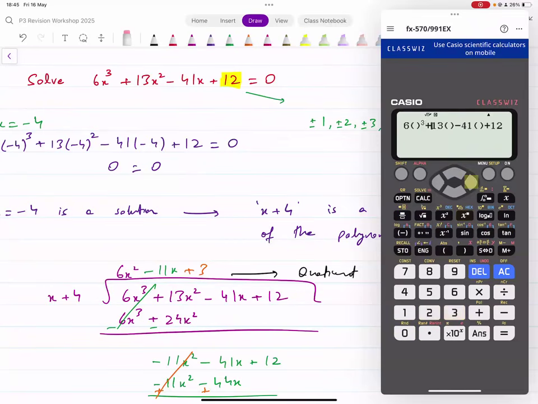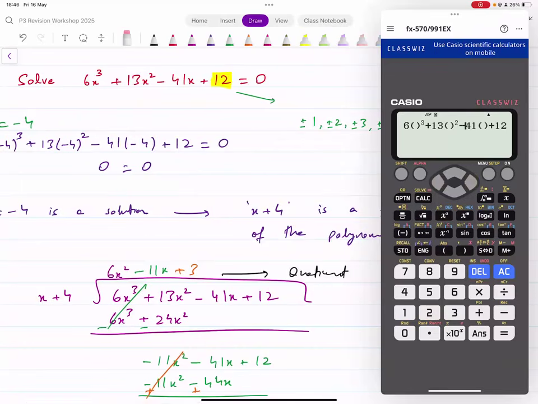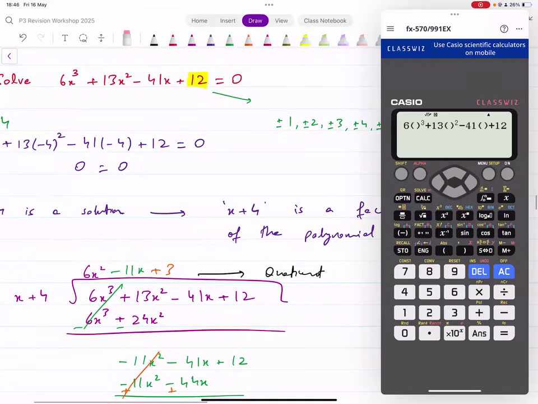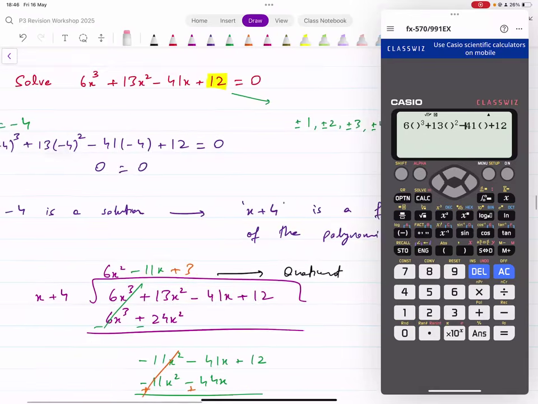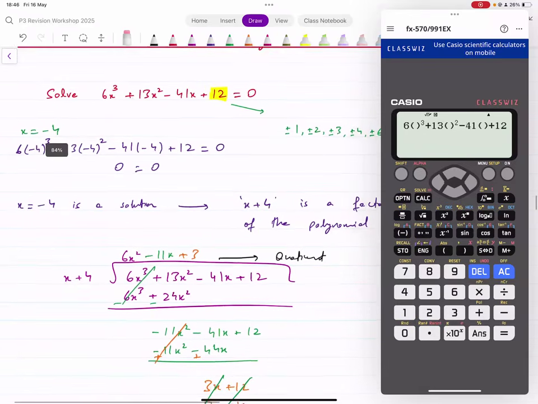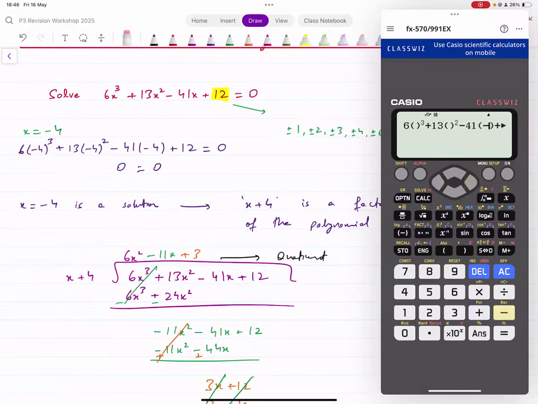In this case, this is cube, this is square. You input 1 inside the bracket once, then you input -1, 2, -2, 3, -3, 4, -4, 6, -6, 12, -12. One of them is going to give you 0 as the result. In this case, when we do that on our calculator, we would eventually find out that when we input x equal to -4, that is giving us 0 as the result.